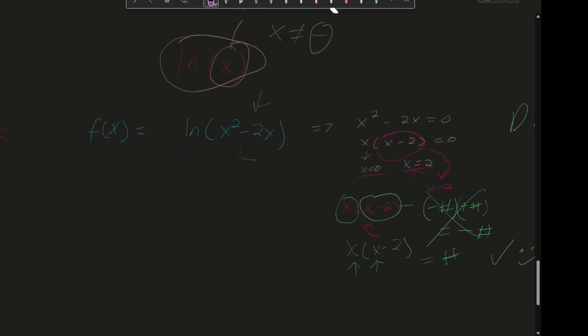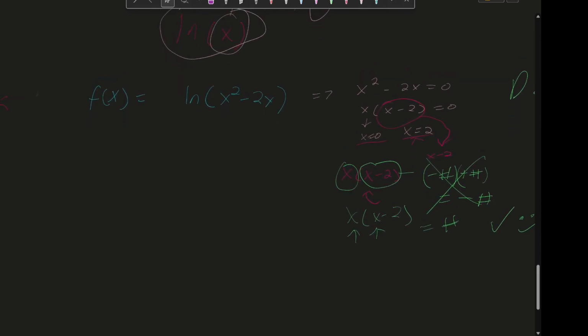Now let's get into actually differentiating these logarithmic functions. This one is pretty straightforward. If you have f of x equals ln of x, then there's no chain rule or anything. You just have the simple derivative of 1 over x.